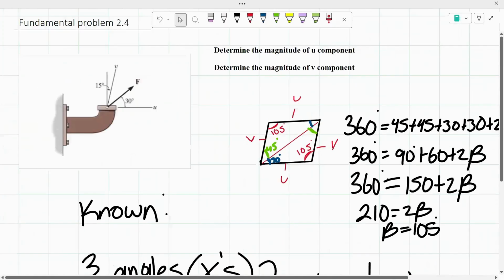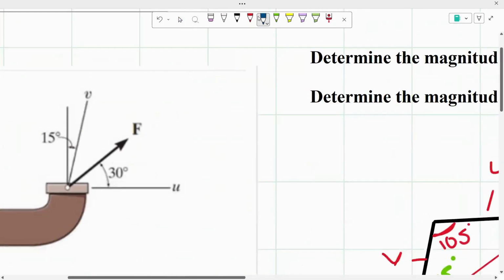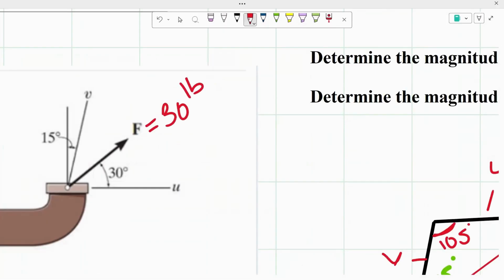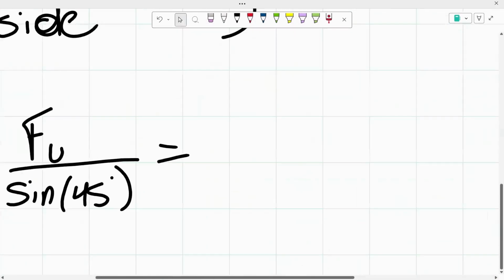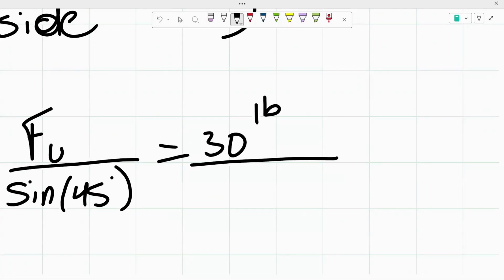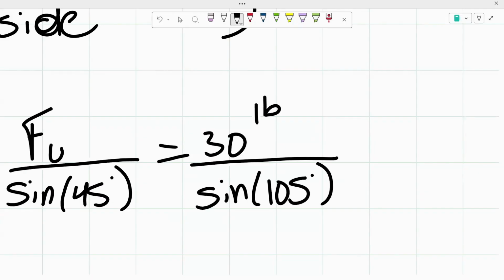And I did not write it in, but our resultant force was 30 pounds. So what we write here is 30 pounds over sine of 105.